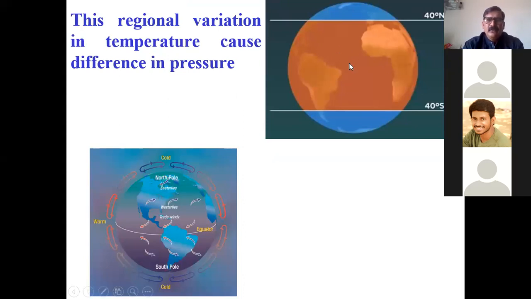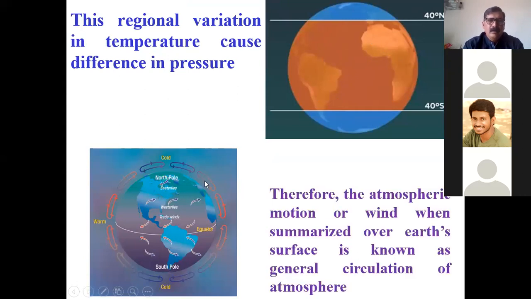Because of the heating, the pressure differs at the pole, at the center, at the equator, and in the region of Capricorn and Cancer. This type of pressure difference creates the flow of the atmosphere, the flow of the wind.